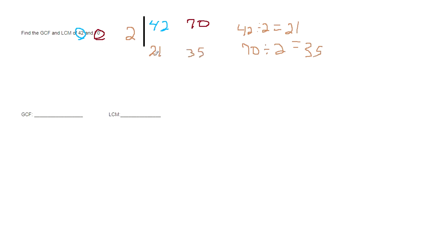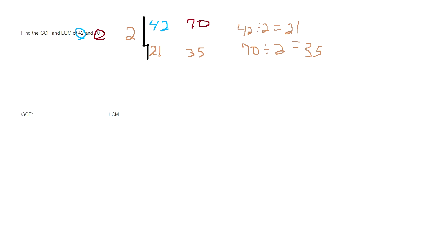Now, are these prime numbers now? Let me think about it. I don't think that they are, because I know 7 times 3 is 21, and 7 times 5 is 35. So actually, I'm going to do another step in my ladder. So this is where the ladder comes from. Because I know this, I'm going to now do my next step.